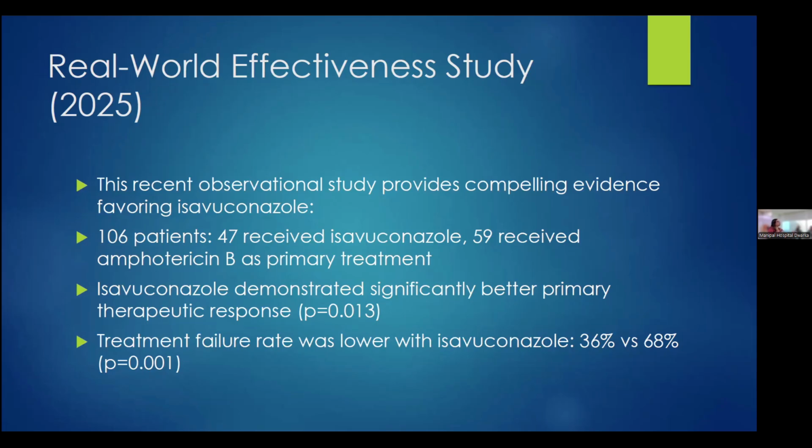He was on maintenance posaconazole, and amphotericin B was ongoing with a lot of AKI related issues, and he was a badly controlled diabetic. Since he was not improving the way he should after receiving 4 months of therapy, I switched to isavuconazole. Right now he's on ongoing treatment. Now he's talking and accepting orally. The lesion has become better in the subsequent scan that we did 1 month later.